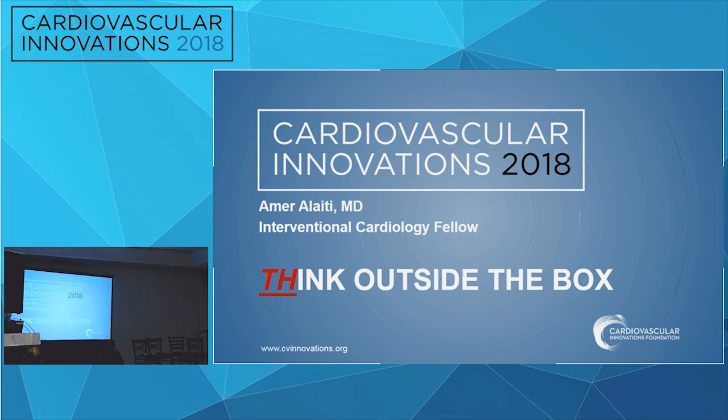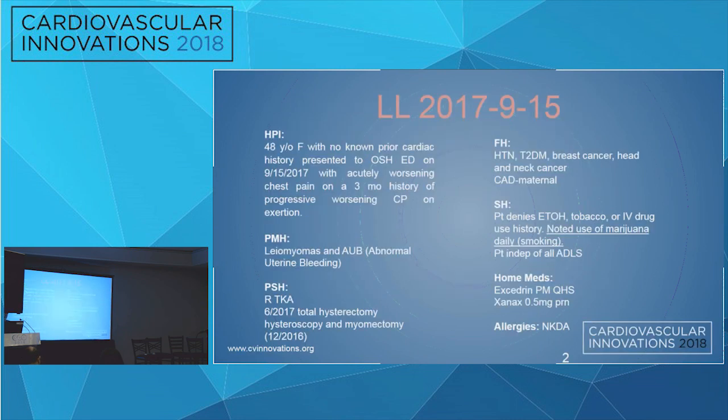Okay, so my case title again is Think Outside the Box. A 48-year-old female with no known cardiac history presented to an outside hospital ED on September 15th with acute worsening chest pain and also a 3-month history of worsening chest pain on exertion.